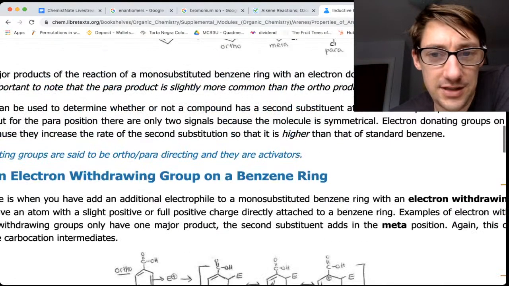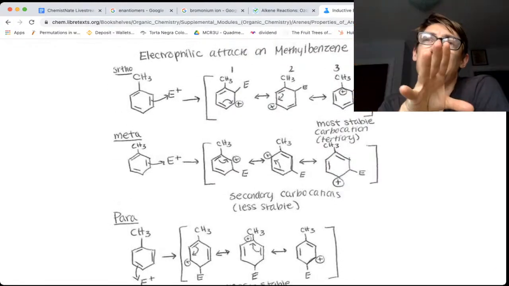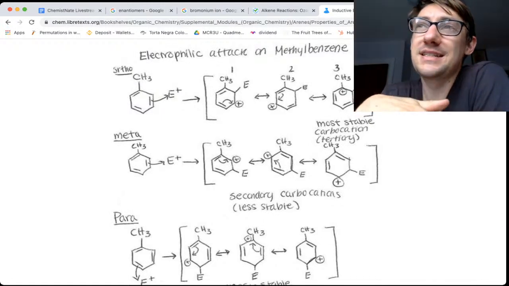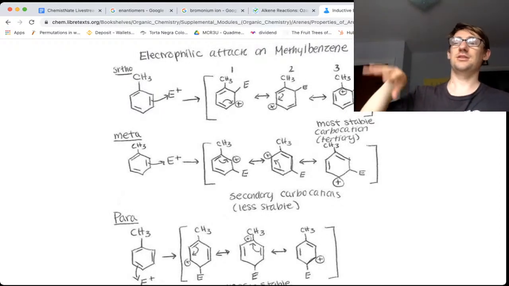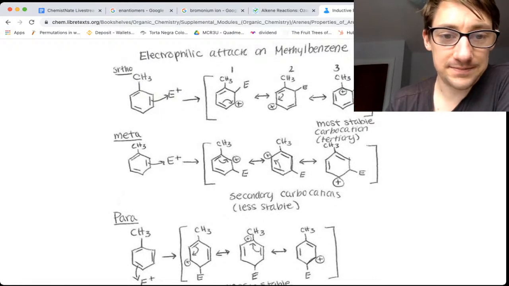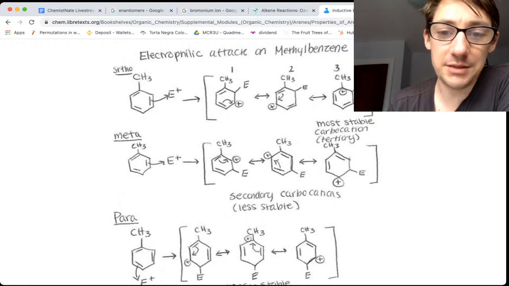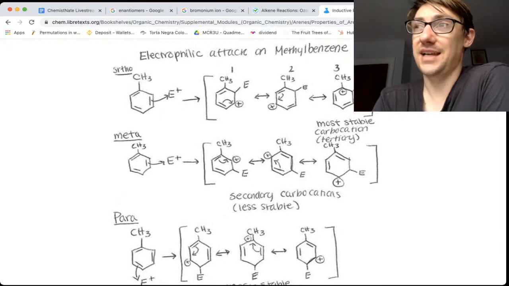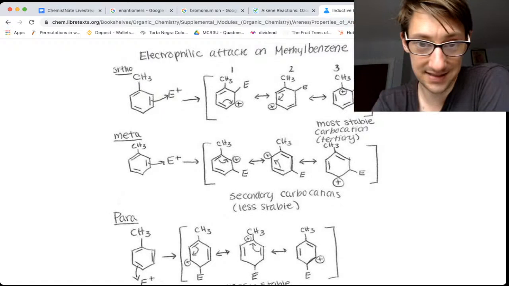So here's what I'm looking at and kind of understanding. I remember that for electrophilic substitution on a benzene at all, the reason it can happen is because there are resonance structures in the transition state. Even if the CH3 wasn't here, the electron pair from benzene attacks the electrophile, but you end up with a carbocation. As in, that carbon only has 3 bonds and it has nothing else that it can bite onto yet.